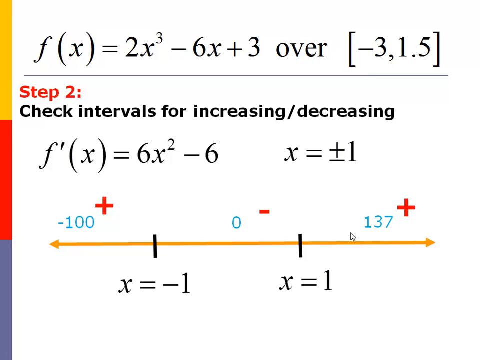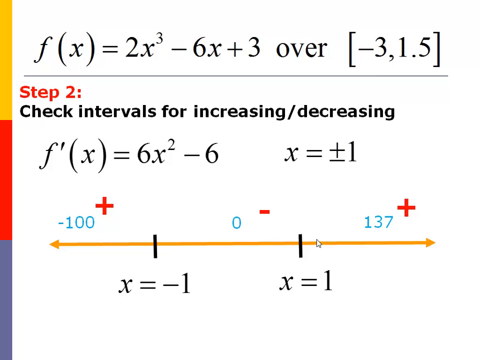And so what I have here are the values of my derivative. You pick any number in this interval on the left-hand side, and you will get a positive for the derivative. You pick a number between -1 and 1, I don't care what you pick, go ahead and pick your favorite number, plug it into the derivative, and you're going to end up with a negative number, guaranteed.